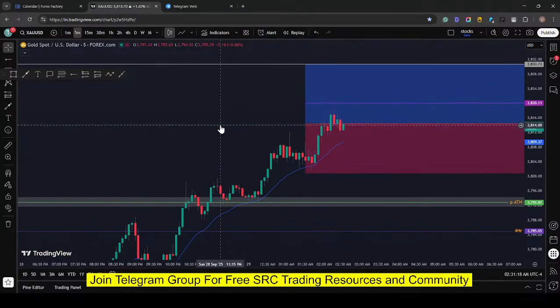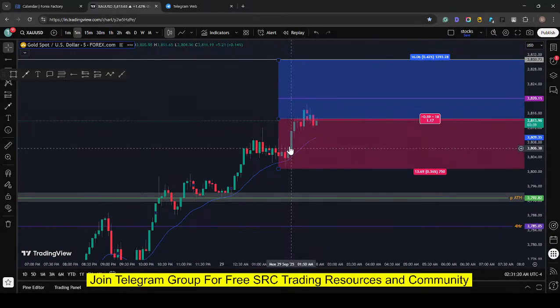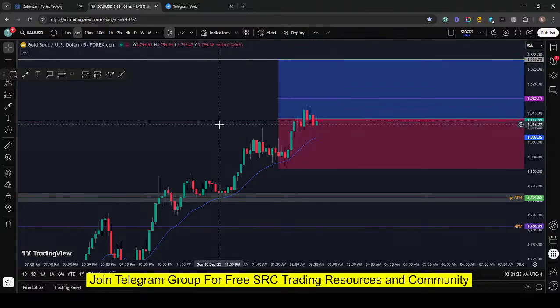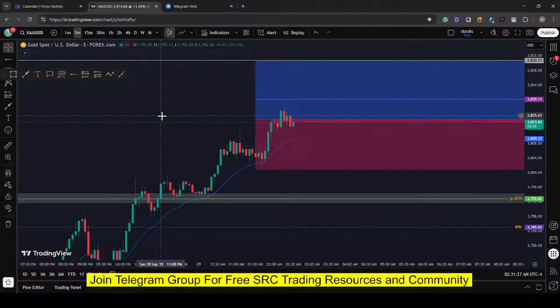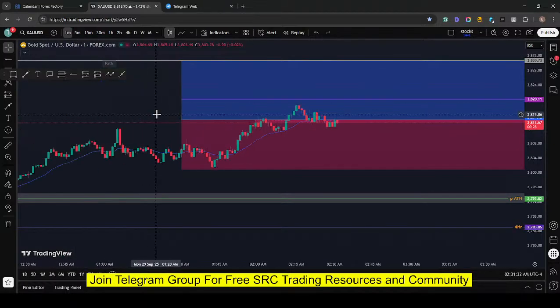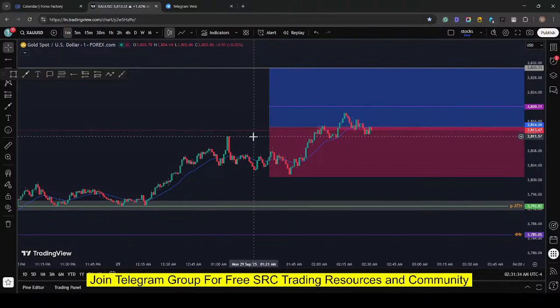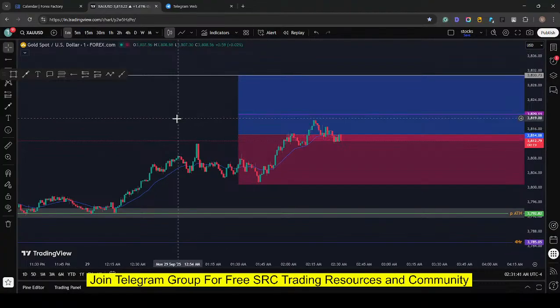Price is still blue skies. It is making higher highs and higher lows. Now it's ranging on 1 minute and breaking the structure. Let's see. Will it break the structure on 1 minute?